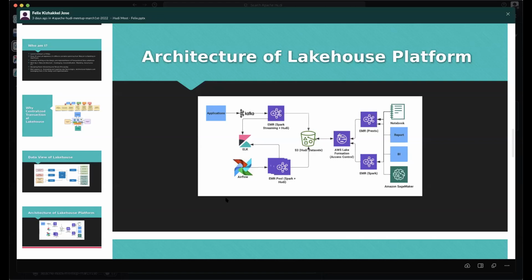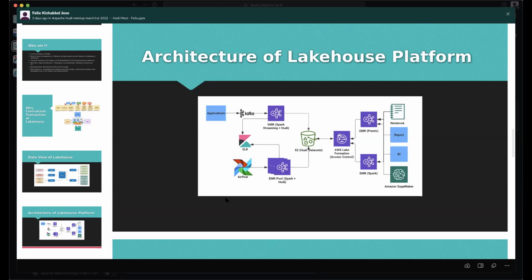We have a layered architecture in the lakehouse, so we have a silver layer, golden layer, etc., as a normal lakehouse architecture. Once the data lands, that is where Hudi comes in. I will cover that in the next slide, but I will just give a quick intro on what Hudi brings us.